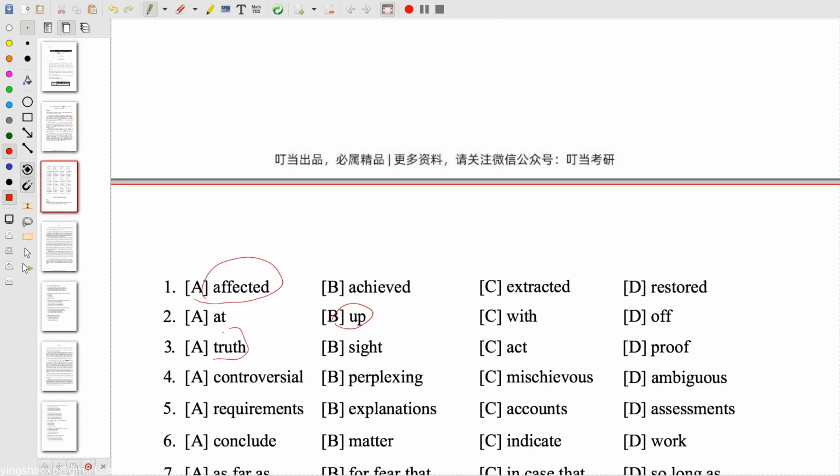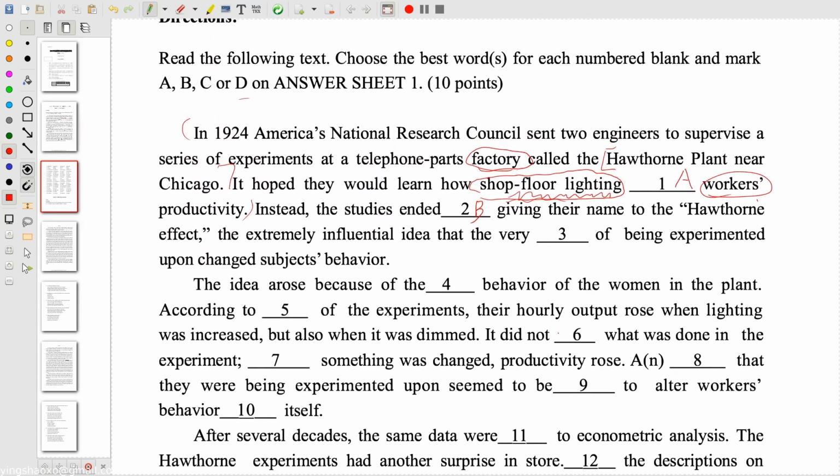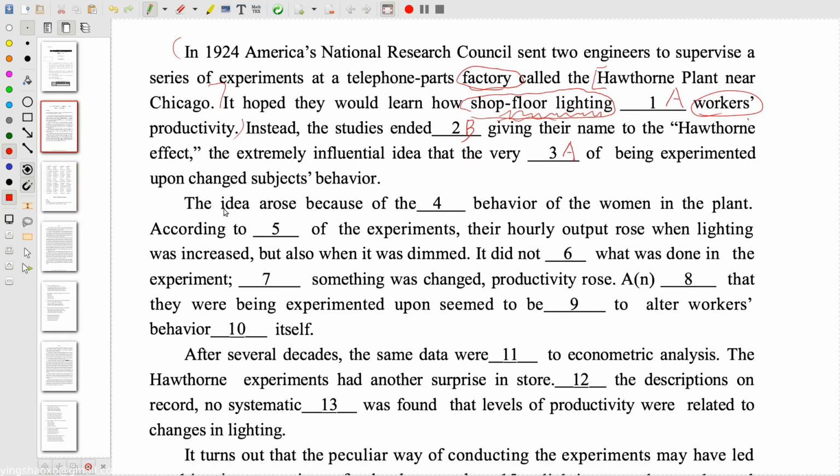I think this is a choose. So I'll choose option A. The idea arose because of the work behavior of the women in the plants.